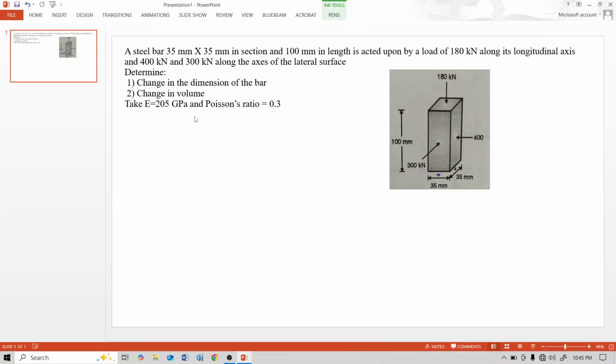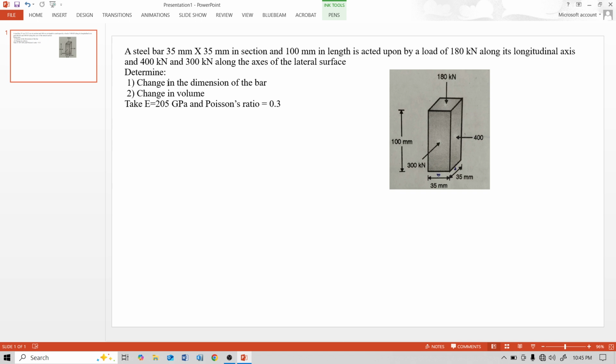Today, in this video, we will see a numerical on a rectangular bar subjected to triaxial loading. A steel bar 35 mm by 35 mm in section and 100 mm in length is acted upon by a load of 180 kN along its longitudinal axis and 400 kN and 300 kN along the axes of lateral surfaces.